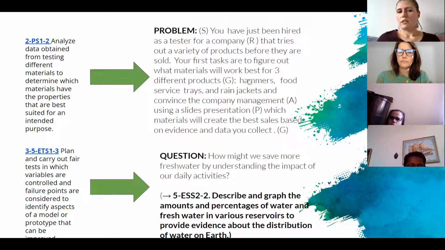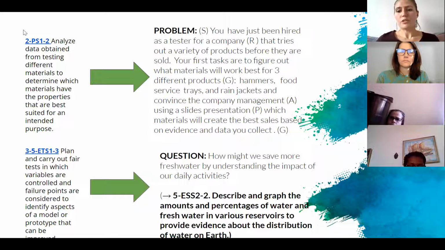So there you can see your G is your goal. You're trying to figure out what materials will work best for 3 different products. You can also see your role: you are a tester for a company. You can see your audience: it's the company's management. You can see your situation: you've just been hired by these people and you need to give them a product, that's your P, a slides presentation that tells them which materials work best in different circumstances.